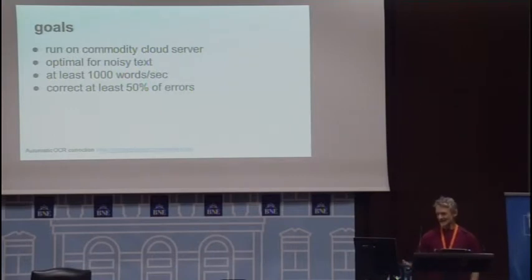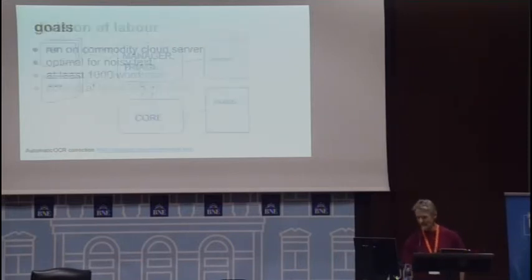It's designed so it works best on noisy text. That is, things with a fair few errors. In other words, newspapers. We designed it for newspapers. We want it to go reasonably fast, 1,000 words a second. In fact, it goes about 2 or 3 or 4 times that fast. And our benchmark was that we had to correct more than half of the errors, and we did that.